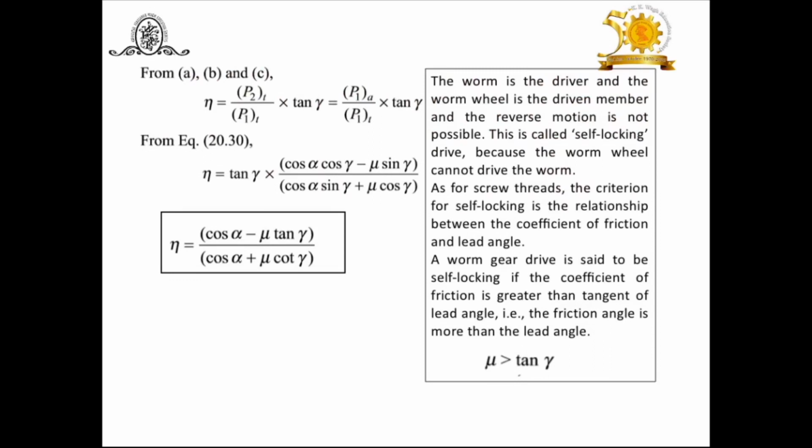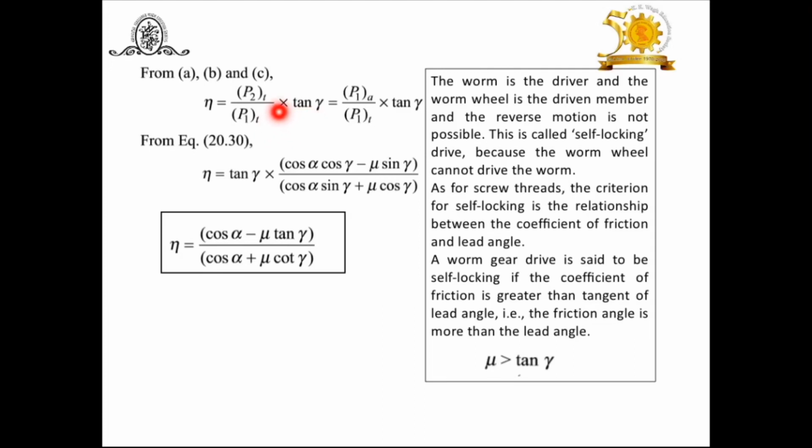Further, by substituting these values of D2 by D1 equal to i tan gamma, and i equal to N1 by N2, or N2 by N1 equal to 1 by i, we can write the equation: efficiency is equal to P2T upon P1T into tan gamma.